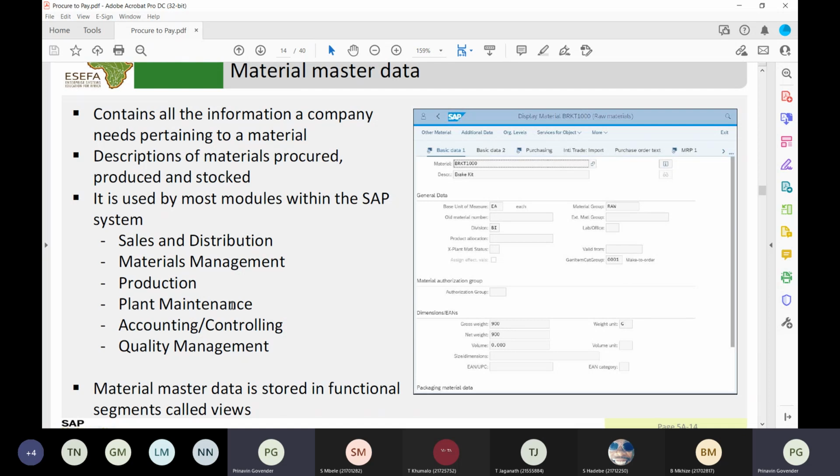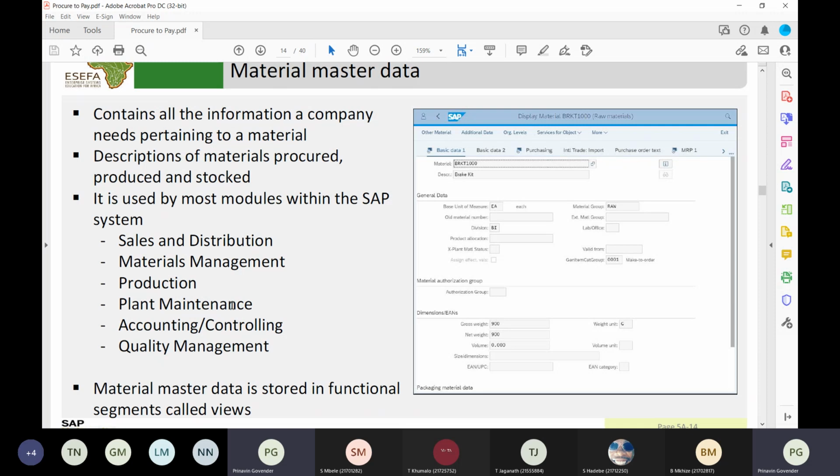Big smile. Okay, so the materials that they're talking about, you can think of it as the components that are used to make the bicycle. Description of the materials procured. Procured means the description of what they need to buy. And where do they need to keep this?